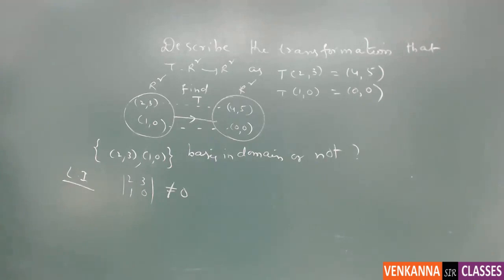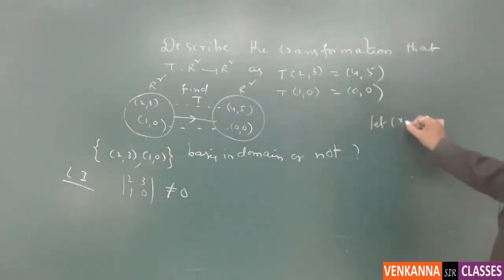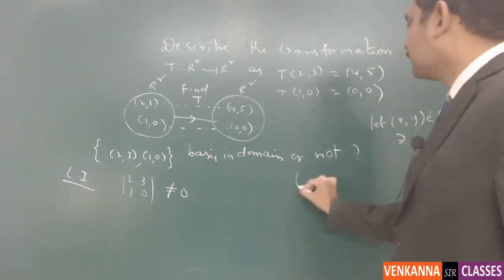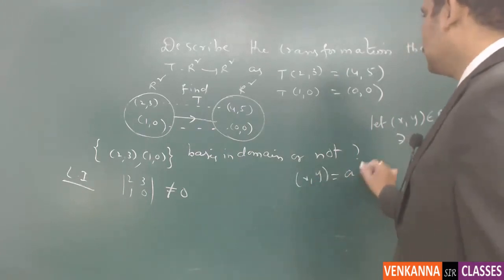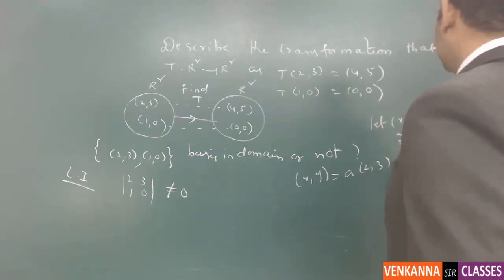The second thing is, this set spans the domain. It means that whatever 2D vector you take in the domain, that vector can be represented as a linear combination of these two vectors. It is called spanning. So, what is the requirement here? You take any 2D vector (x, y) in the domain such that its value is equal to a into (2, 3) plus b into (1, 0).